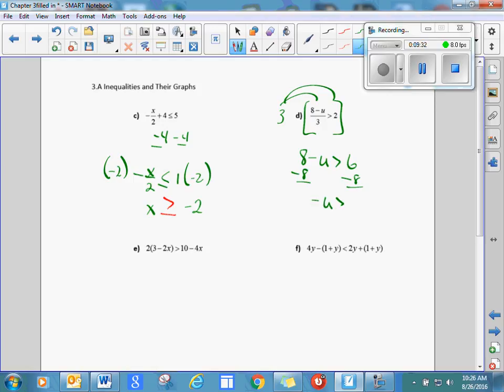Minus u greater than -2. There we go. And this is all well and good, but the u needs to be positive, so we need to multiply both sides by -1, which means we have to flip the sign. And now we have positive u less than +2.